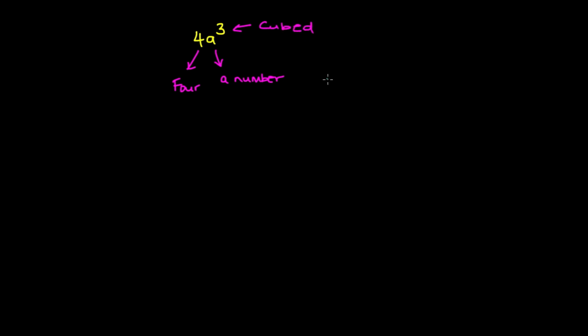And in order to identify all the components in this expression right here, we have to remember that this 4 and this variable here, a, are being multiplied. So there is technically an operation in between these two. And this is something that was introduced in our very first video, introducing variables and expressions. So this operation right here will be represented with the term multiplied by.